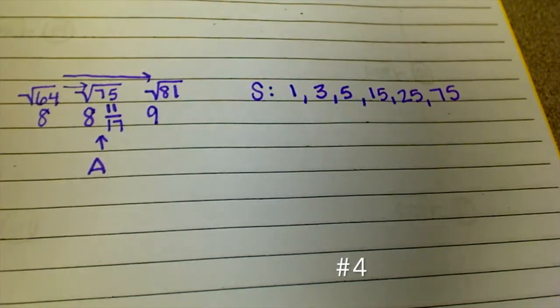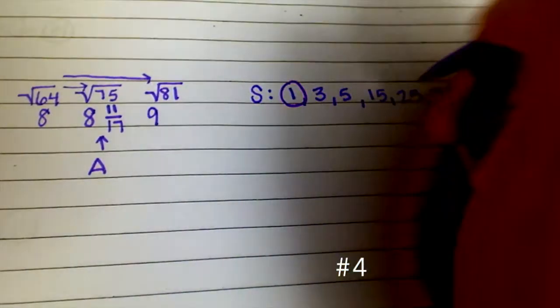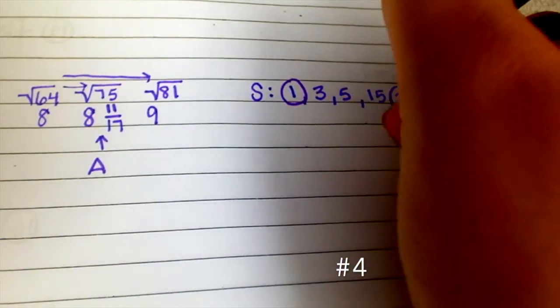Once you have them listed, we're going to circle all of the perfect squares. So that is 1 and 25.